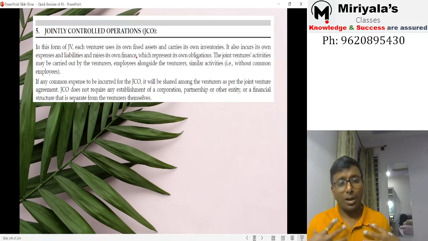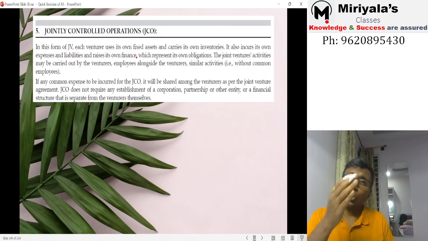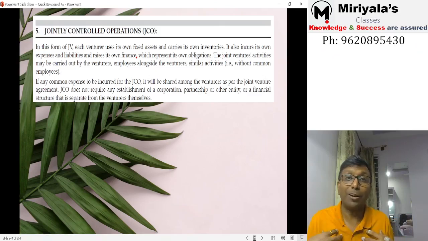That's all. So my machines, my assets, my salaries and expenditure are already sitting in my books of account. Your expenses, your assets and your labor are sitting in your books of account. Whatever revenue comes out of that, 50% I will account as my income, 50% you will account as your income. I am not controlling your business, you are not controlling my business.